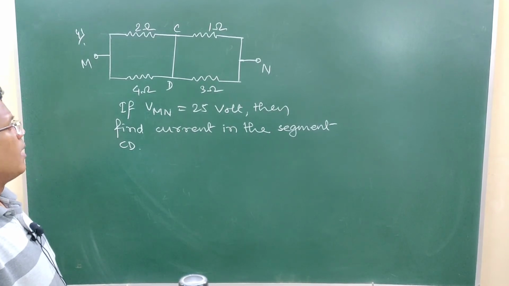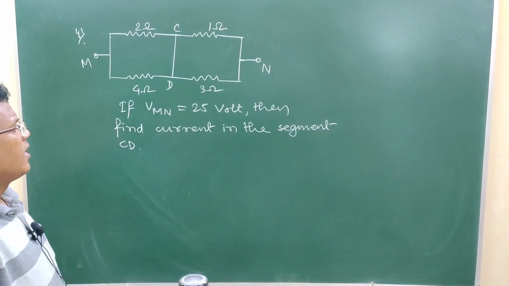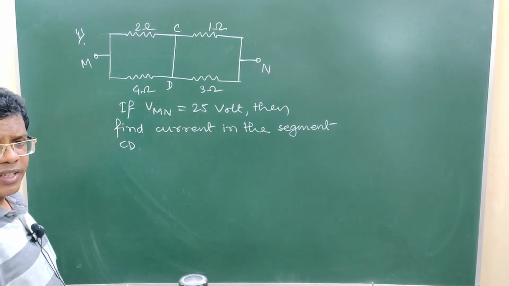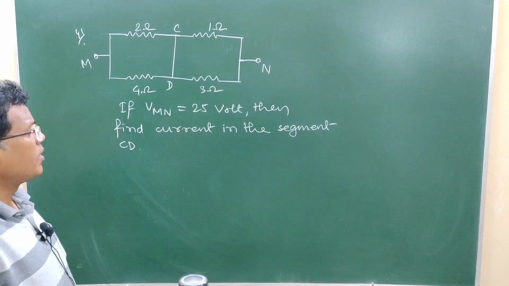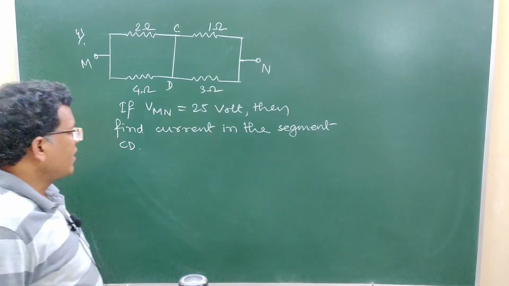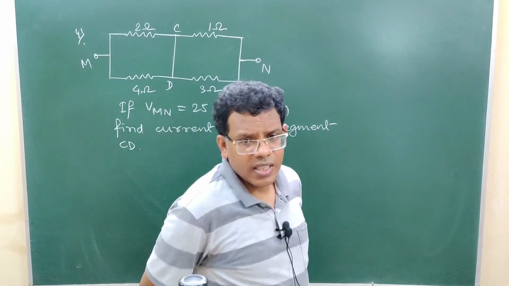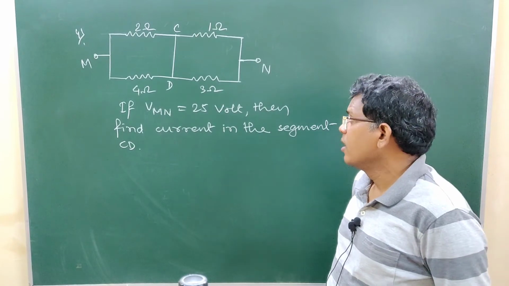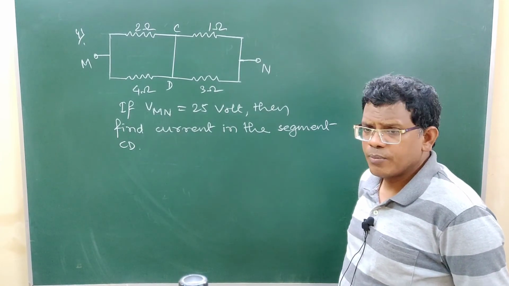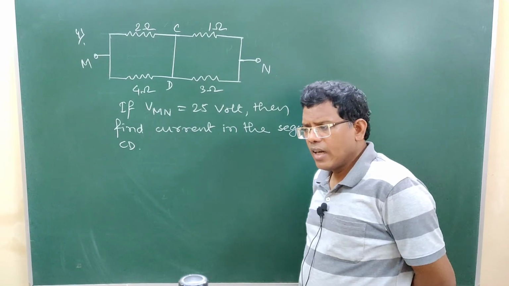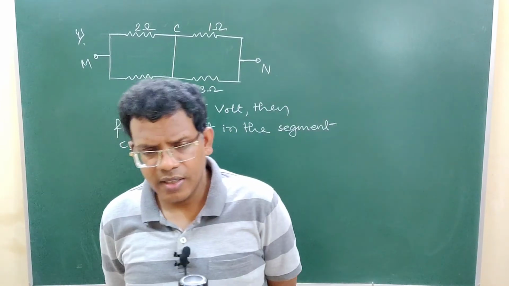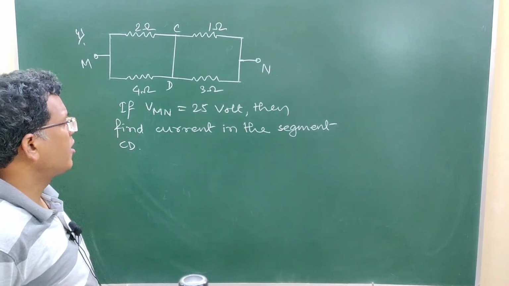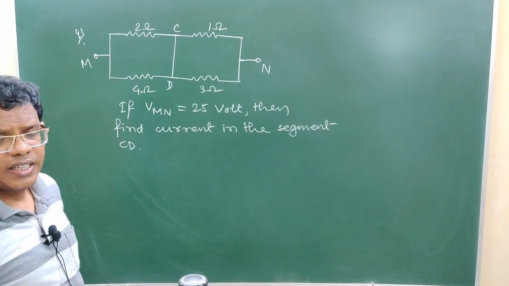If we can see from the diagram, no resistor is there in the connector C to D, no applied potential difference is given in the connector between C and D. But still if it is asked what is the current in the segment CD, that means once you are connecting the points C and D, and after connecting those two points, it finally comes to zero potential drop, right?